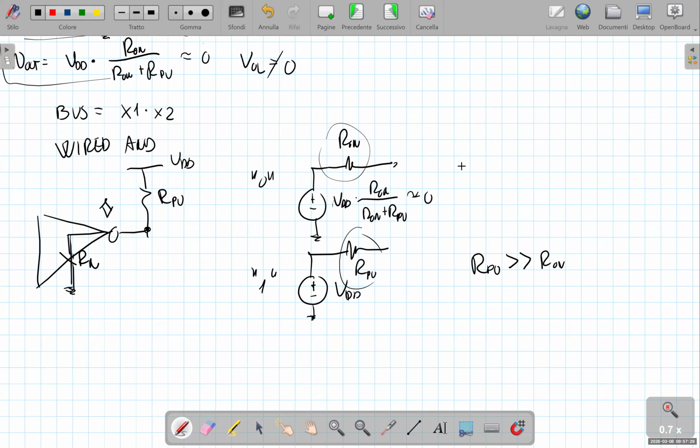At the low logic level, which is forced by the pull-down network inside the open drain gate, we have a low internal resistance, while at the high logic level we have a much higher internal resistance.